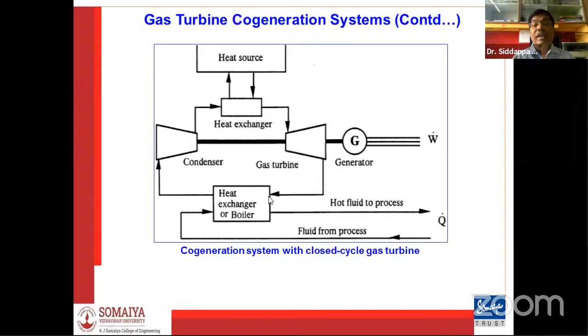If you are using a low-boiling-point fluid in the boiler, then the exhaust heat from the turbine, or the exhaust media from the turbine, may be able to evaporate that media in the heat exchanger, and then that evaporated fluid you can take for power generation once again or for other applications also. So this is how we can extract the heat from a closed cycle gas turbine and use it for different work as well as heating applications.